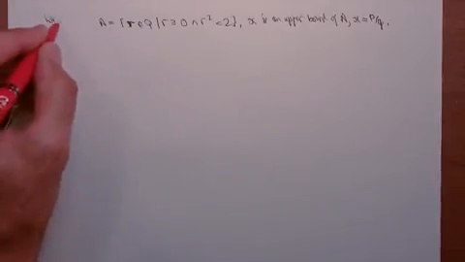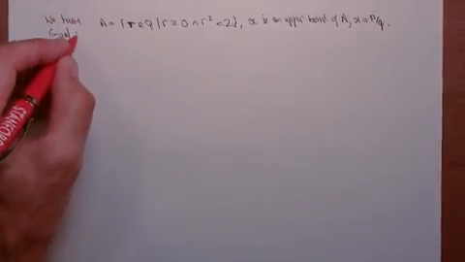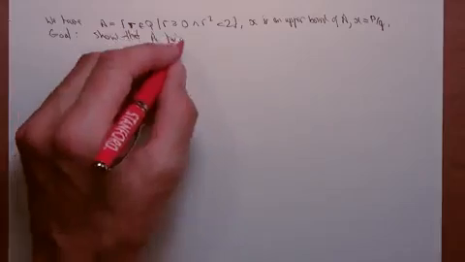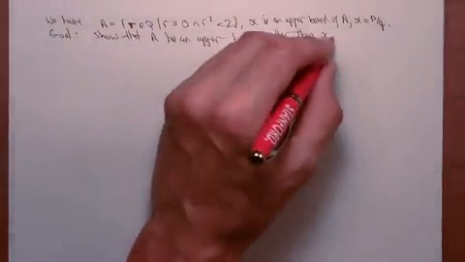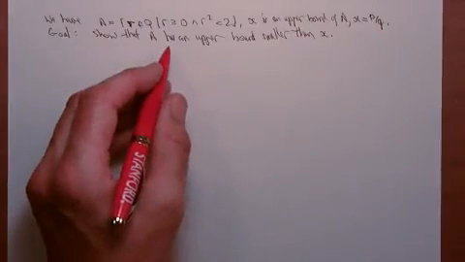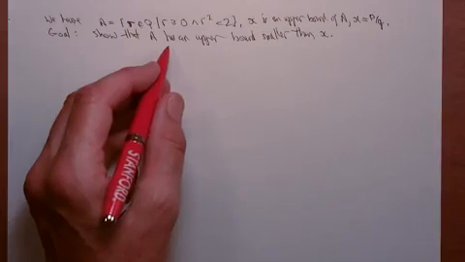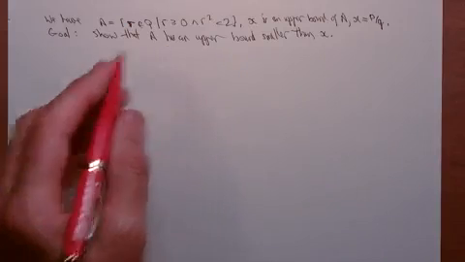Okay, so we have that. And our goal is to show that A has an upper bound smaller than x. Hence, there cannot be a least upper bound, which would show that the rationals are not complete.